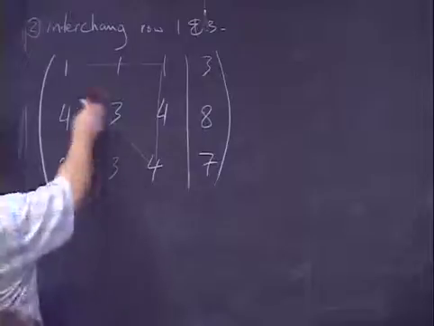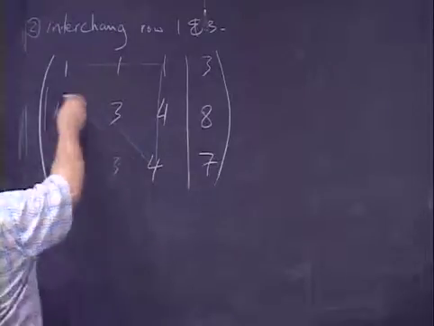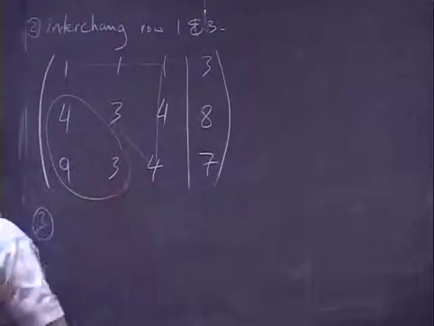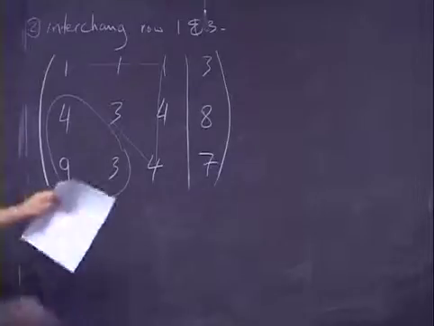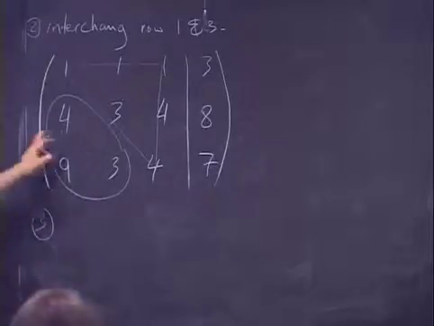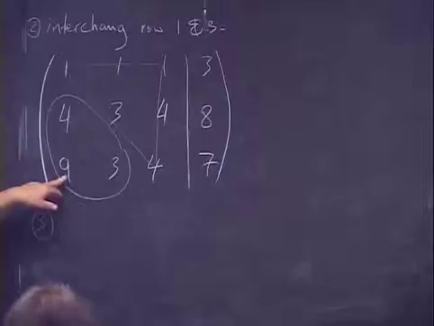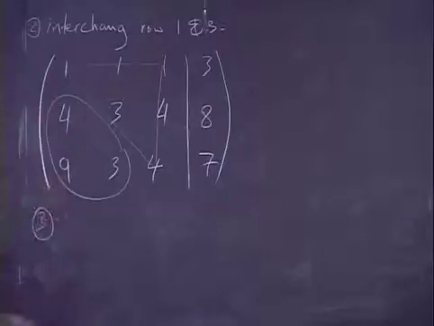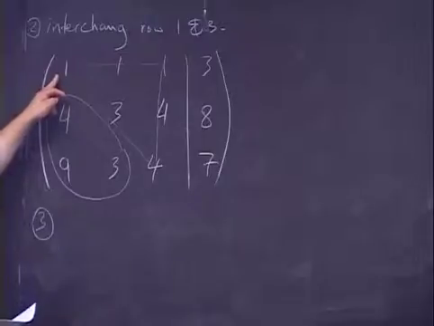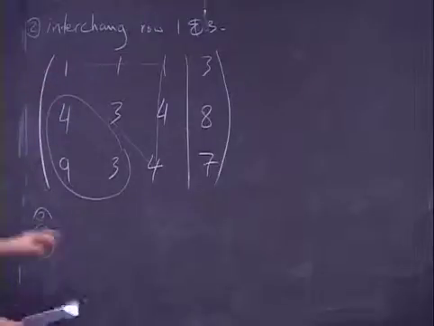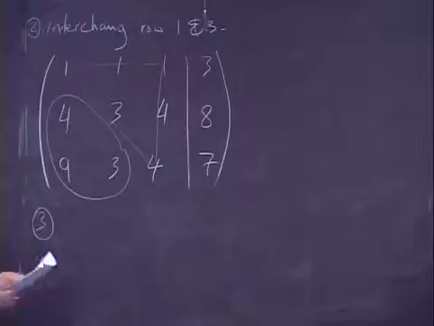So the trick now is to make those zeros. To make those elements zeros, we'll start with this first one. This is 9, this is 1. So we'll multiply this by 9, then we'll subtract it from this one.